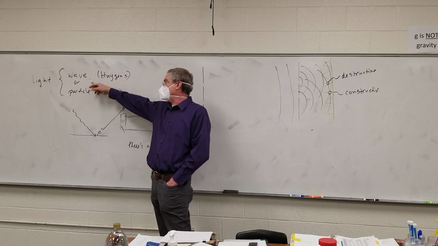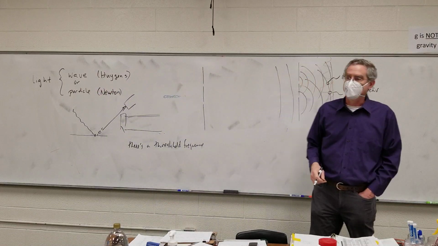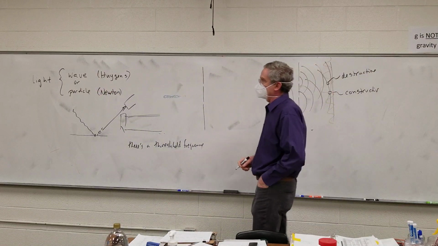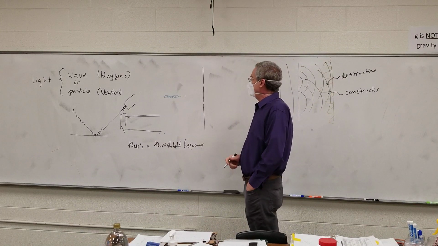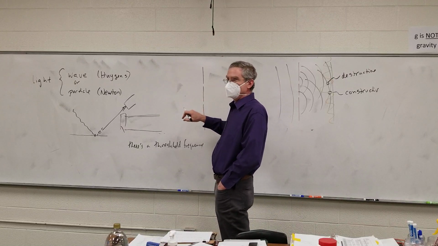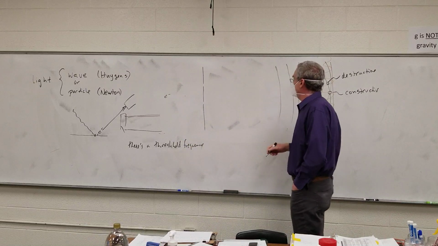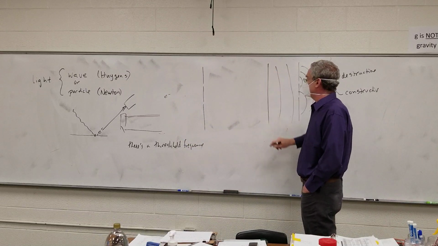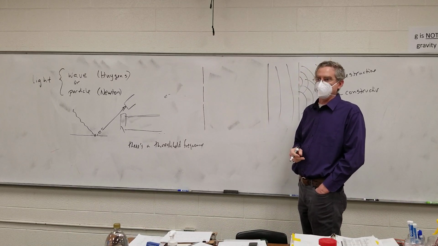And so this wave-particle duality is a hallmark of quantum physics, where everything seems to behave like that, including electrons. There was an experiment where they shot the electrons through a double slit. You shoot a bunch of electrons through, and over here you have some surface that will light up when the electron hits it.